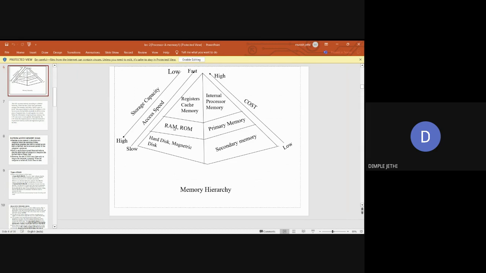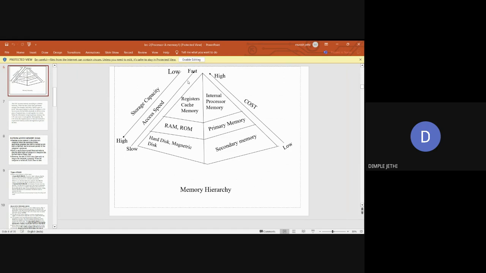When the data arrives from the RAM to the CPU, it takes some time. So we want to make this accessing of data faster, because we don't want to waste CPU time, as that is the most expensive part of a computer. We don't want the CPU to sit and wait for the data to come.